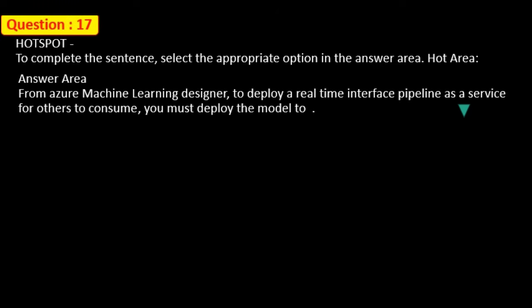Question number 17. This is a drop-down select type question. Hotspot. To complete the sentence, select the appropriate option in the answer area. From Azure Machine Learning Designer, to deploy a real-time inference pipeline as a service for others to consume, you must deploy the model to. Drop-down options are 1.